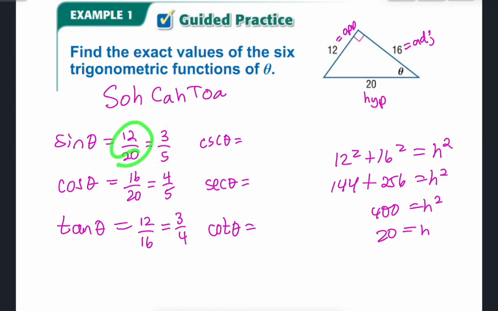If you flip over 12 over 20 and get 20 over 12, it reduces to 5 over 3. So why not use these versions? You don't have to. You could write 20 over 12, but what's it have to reduce down to? 5 over 3 anyway. This one will be 5 over 4. This one will be 4 over 3. So I personally would flip the most convenient version, but any version will get you the correct answer. You just might need more work afterwards.